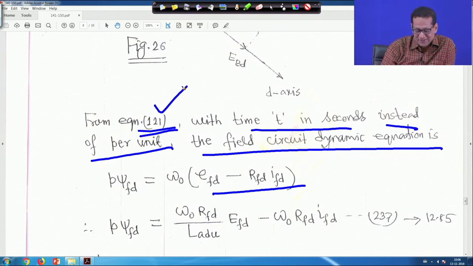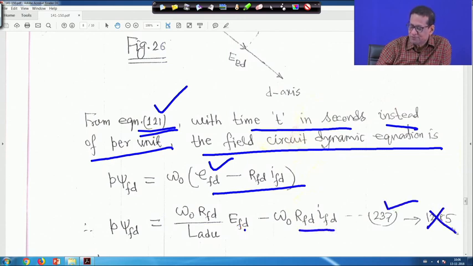This EFD we have multiplied by omega 0, and EFD was also defined before. Whenever using U and S, U means unsaturated value and S means saturated value of the inductance or reactance, right. So P psi FD is equal to omega 0 RFD upon LADU EFD minus omega 0 RFD IFD. This is equation 237.